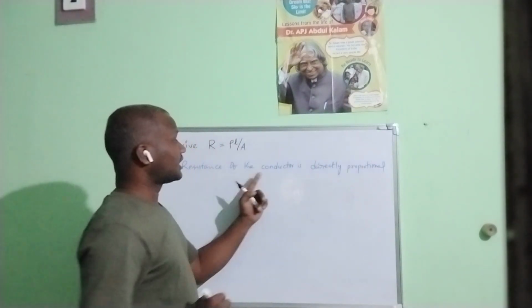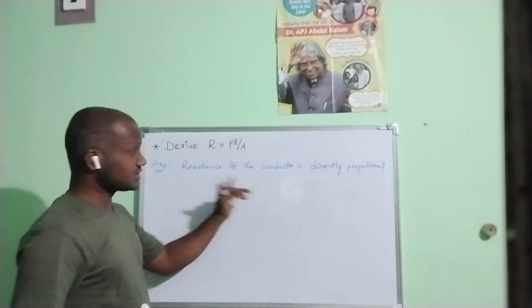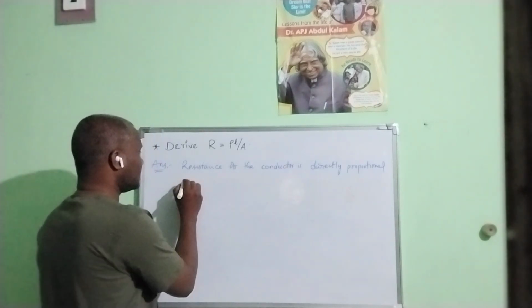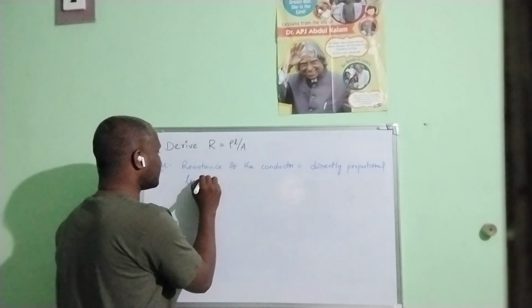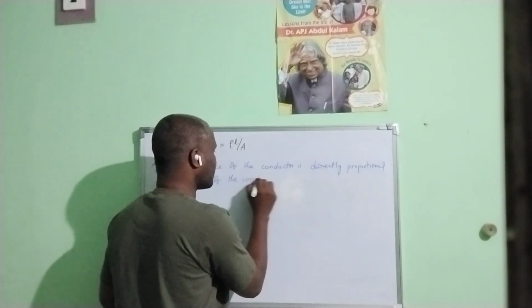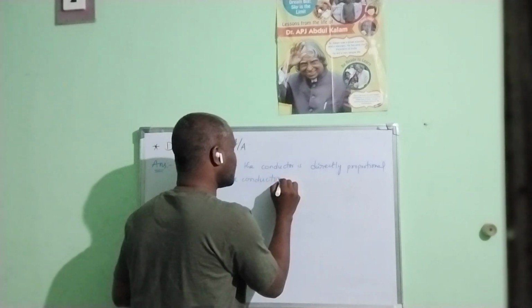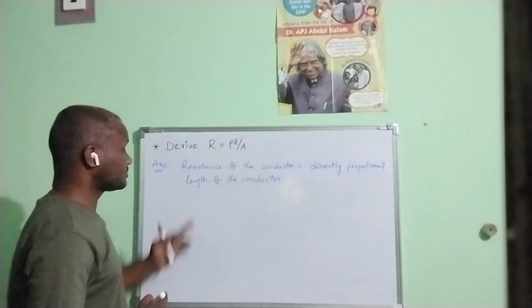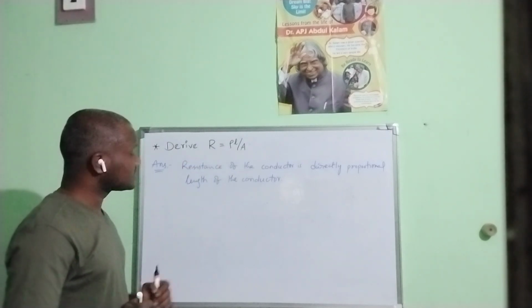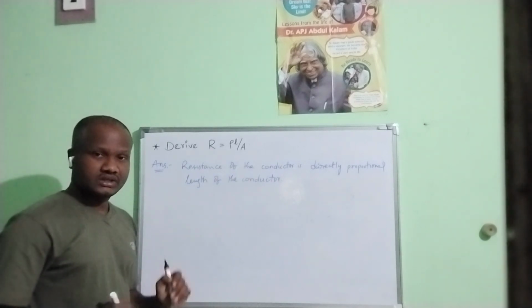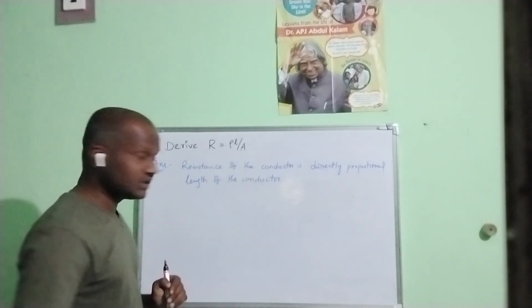Resistance of the conductor, means wire resistance of the conductor, is directly proportional to length of the conductor. This is the first point you have to remember when deriving the expression for R is equal to resistivity into L by A.